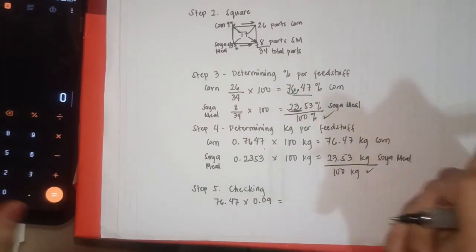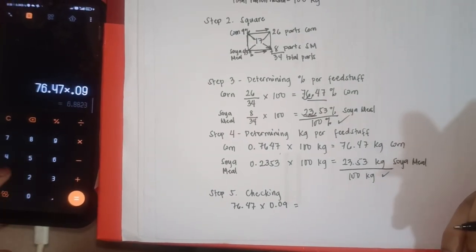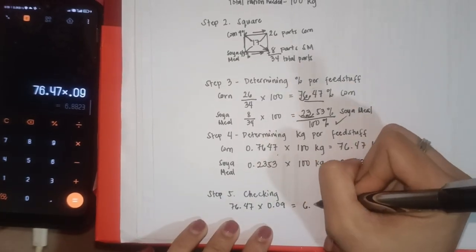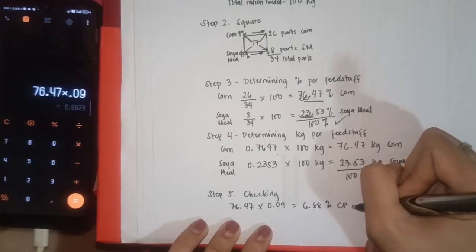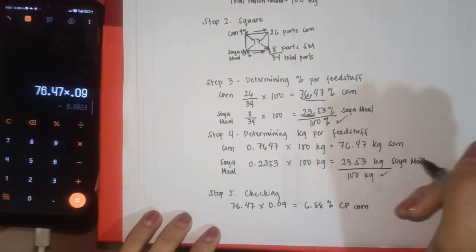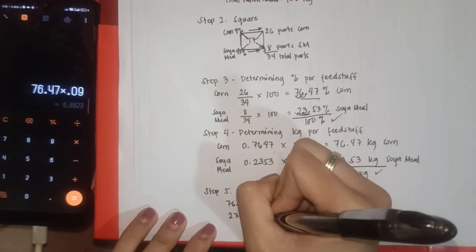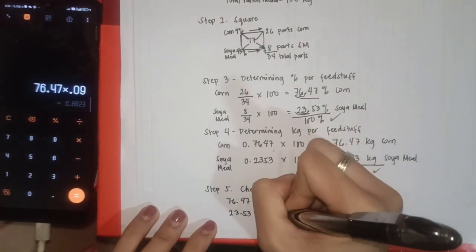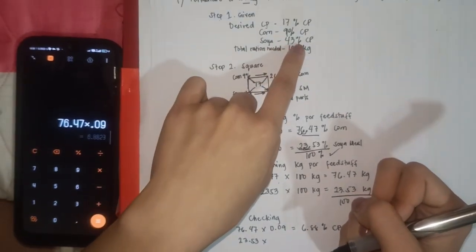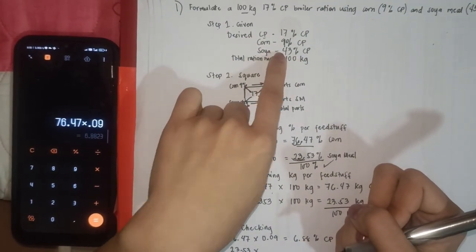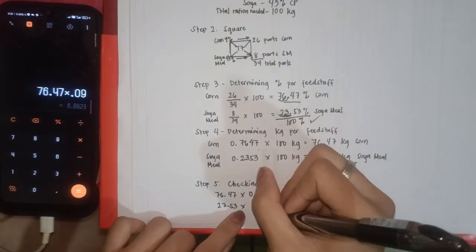So this is for corn. 76.47 times 0.09, the answer would be 6.88% CP for corn. And then for the soya meal, we have to take the 23.53 and multiply it with its crude protein content from the given. So this is 43% CP. So let us convert it from percent to decimal again.